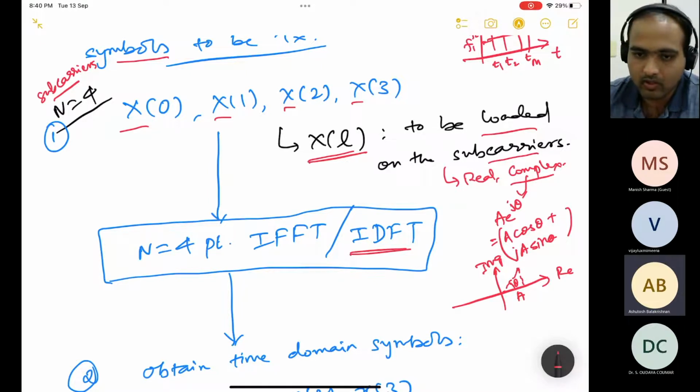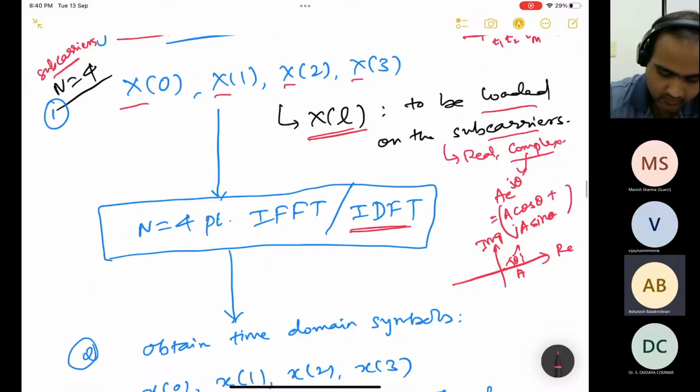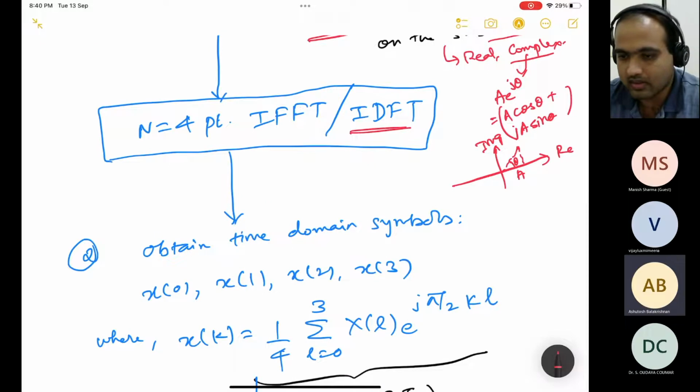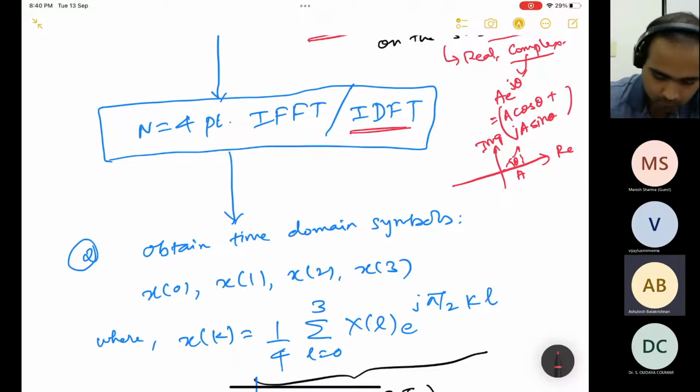So the main point is that you have to convert the frequency domain to the time domain, and we use the inverse discrete Fourier transform for that.